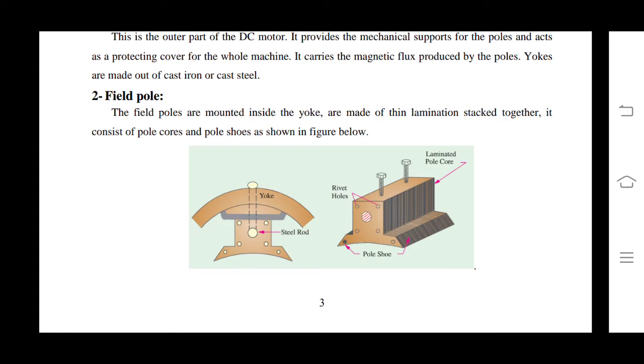We can observe the area of the pole shoes is more than the pole core. It is because the field winding is wound on the pole core. So if the field winding is wound on the pole core, the pole shoes provide mechanical support to the field winding.